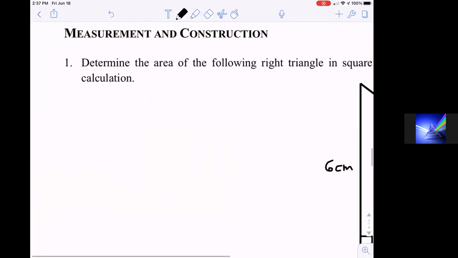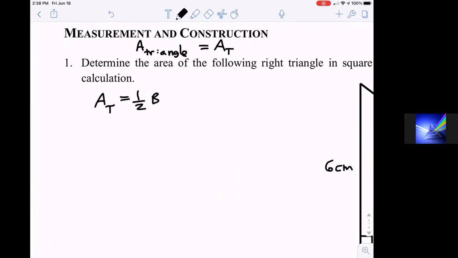Well, the area of a triangle, A_T is what I'm going to call the area of a triangle, is 1/2 the base of the triangle times the height. Or we could just say base times height divided by 2.